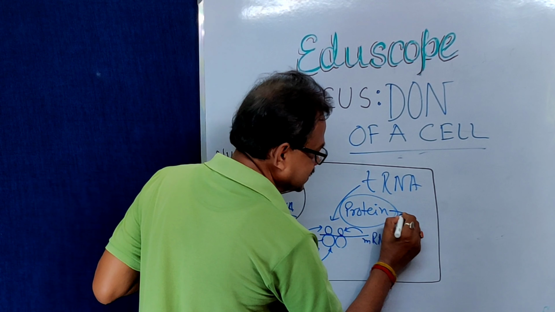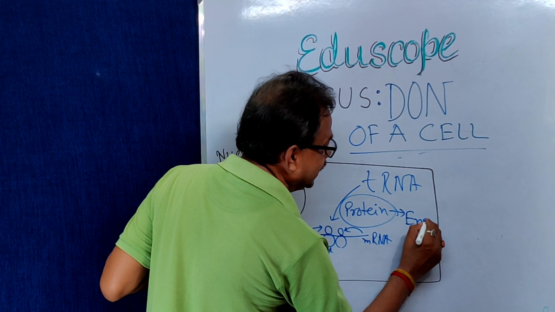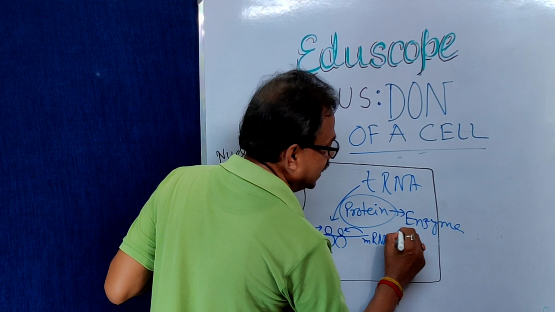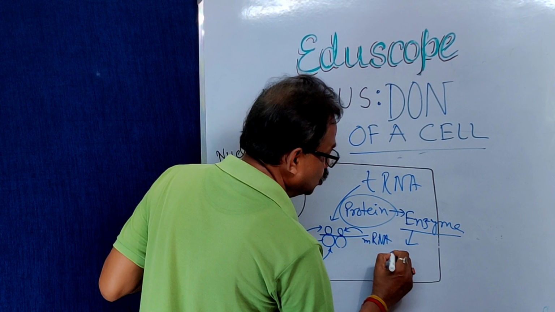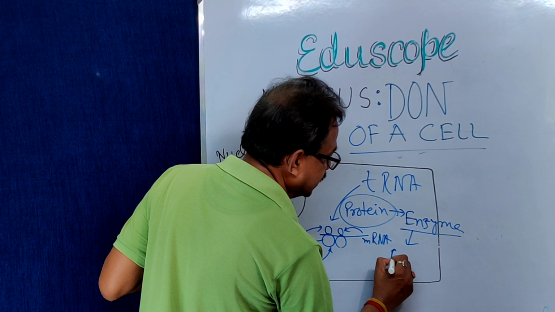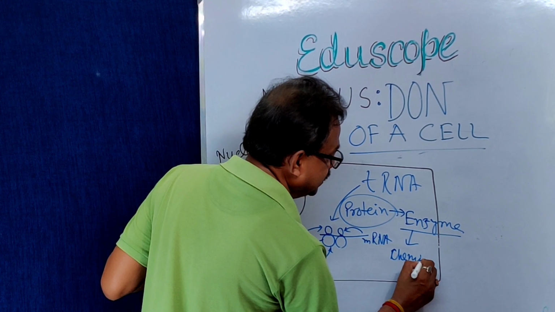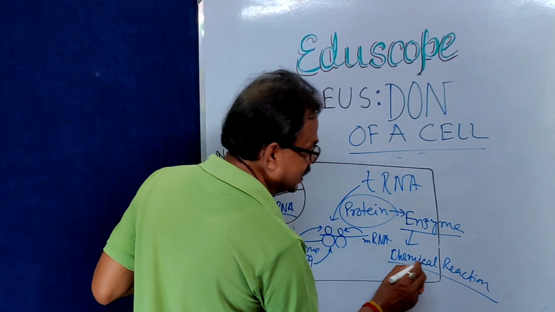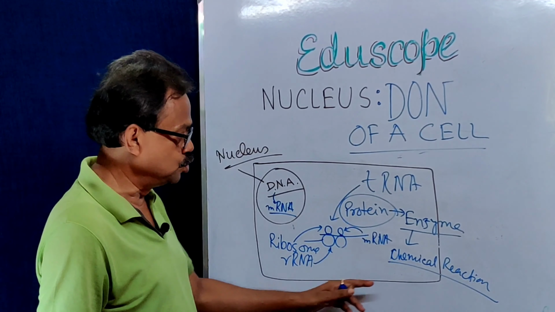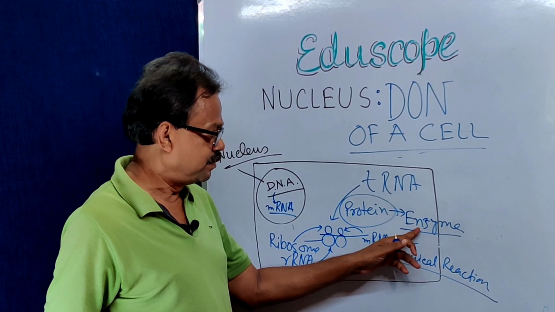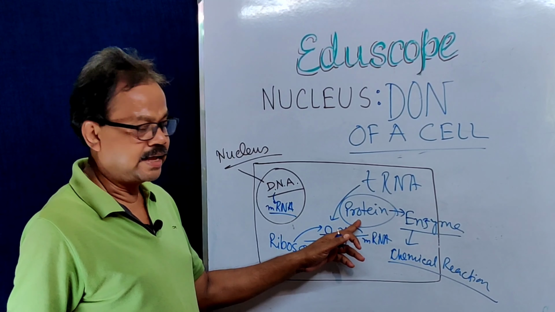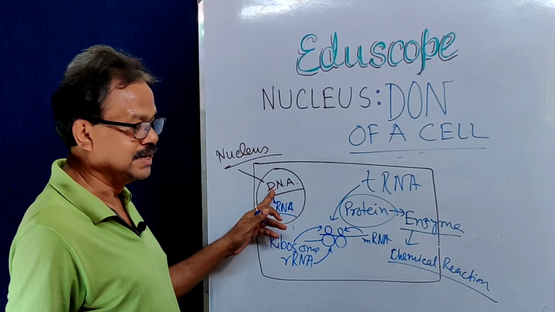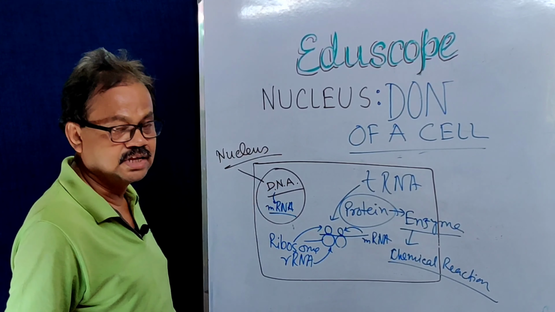We know protein is a component of enzyme, and this enzyme controls all chemical reactions of the body. So all chemical reactions of the body are controlled by enzymes, the structure of enzyme is controlled by protein, and protein is formed by the instruction of DNA. And DNA is present in the nucleus.